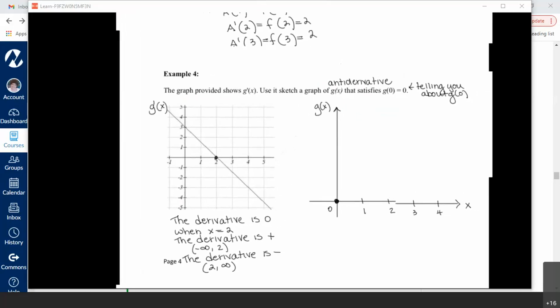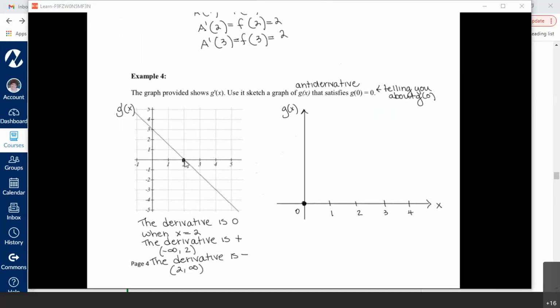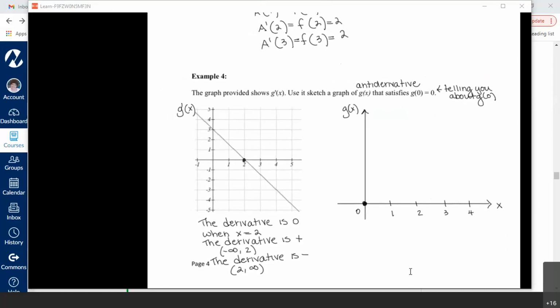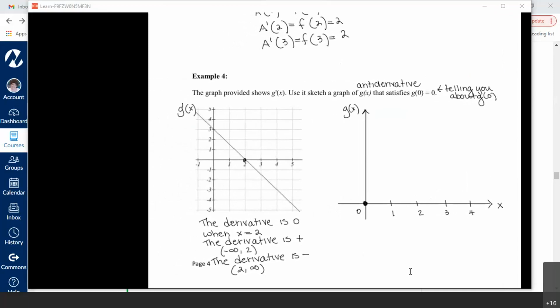Does everybody see how I'm getting that from the graph? The derivative is 0, meaning its y value is 0, when x is 2. The y value of the derivative is positive to the left of x equals 2, and negative to the right of 2.